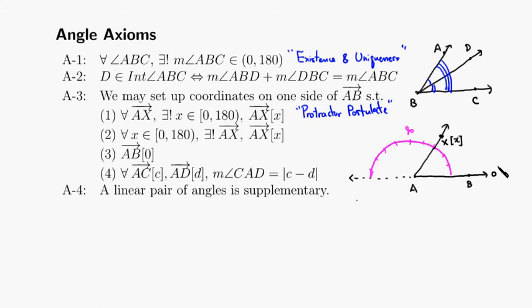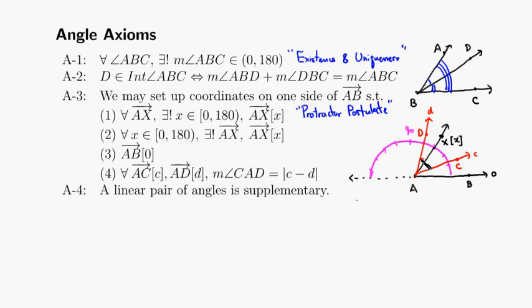Then part 4, this is very similar to the distance axiom. So let's say you have two rays, AC and AD. I'm going to put, say, AC, might look like this, and the coordinate is little c. Maybe I'll put C here. And AD, so say D might look like this. So D is over here, and the coordinate is little d.